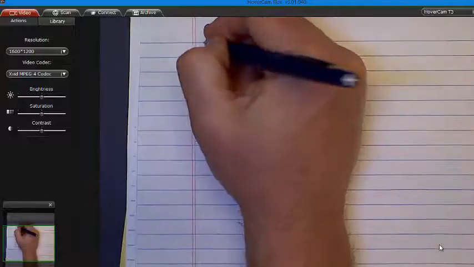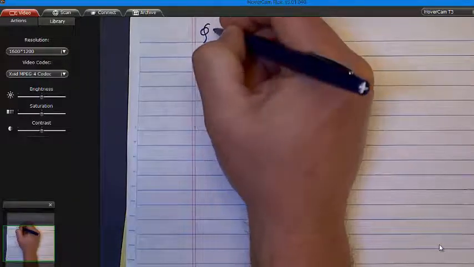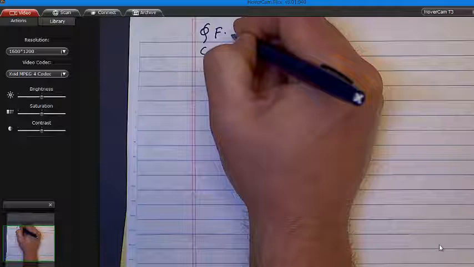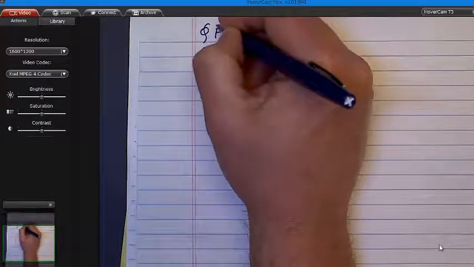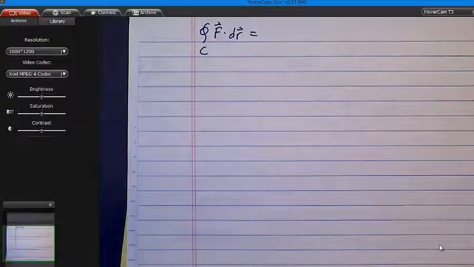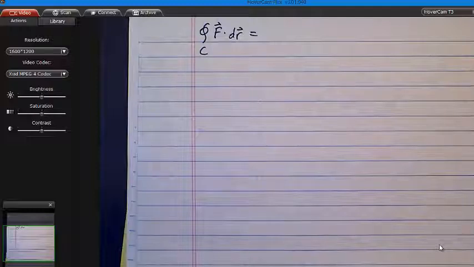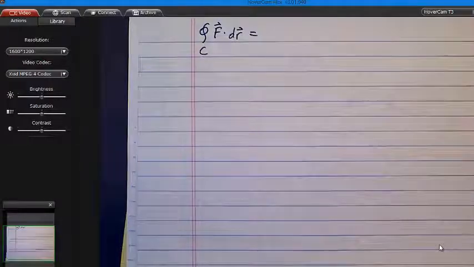It's wonderful. All right, so how are we going to do this? Well, let's see. It is a closed curve, F dot dr. How do we compute that? So, let's see. F, do we have that?